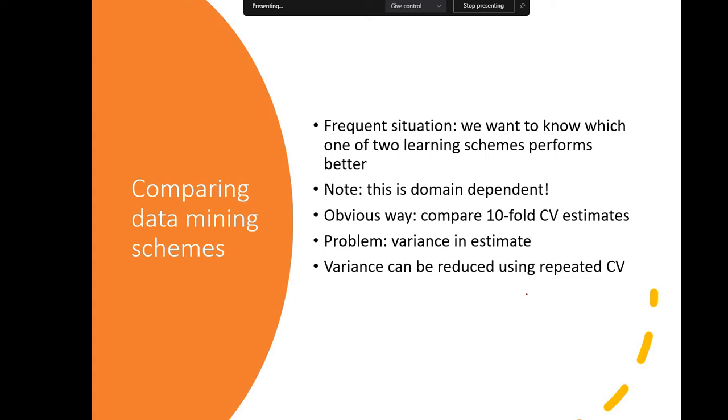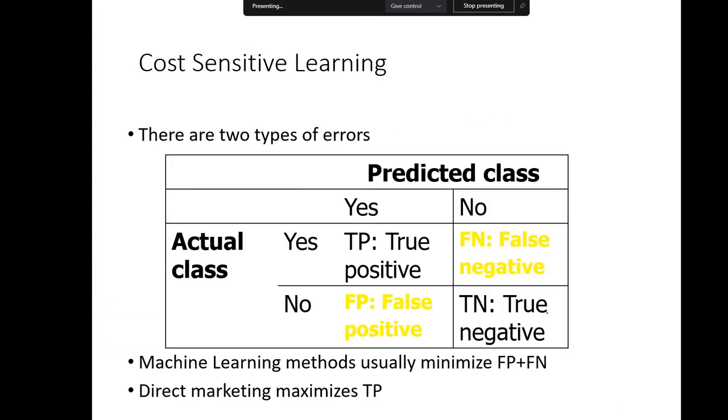Usually people use cross-validation, which makes maximum use of data, but variance might be a problem. So if you want, you can repeat tenfold, let's say 10 times. That is how we usually use that.